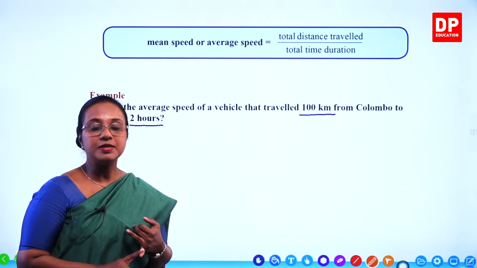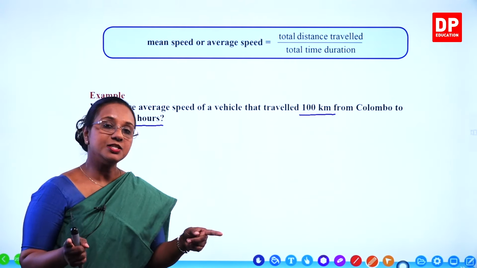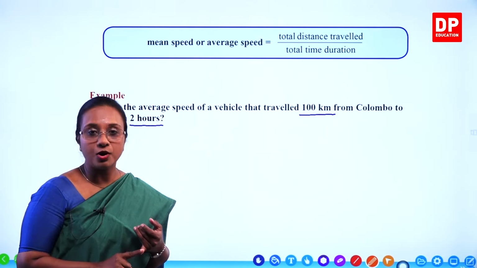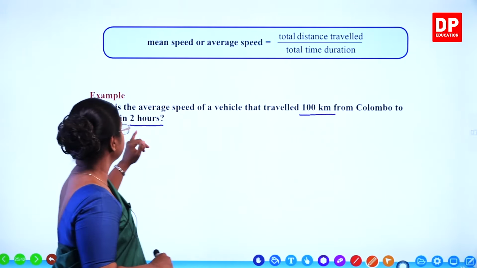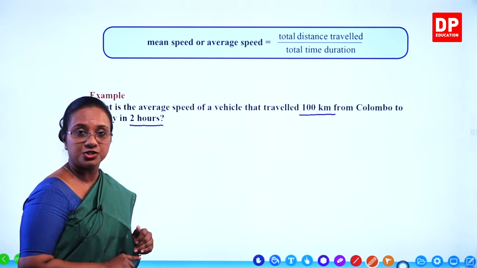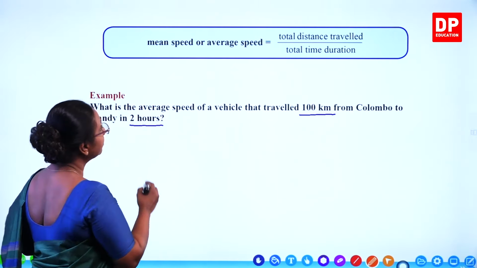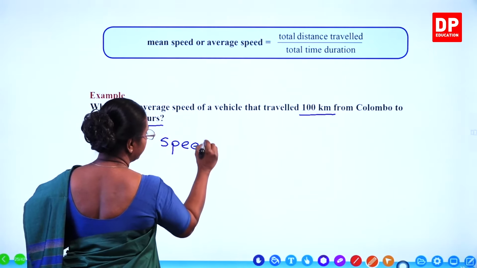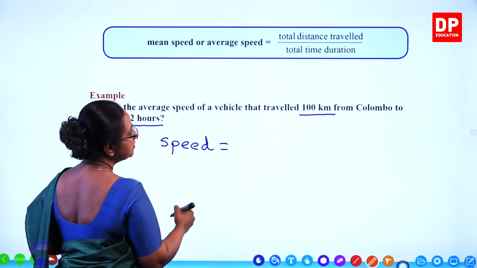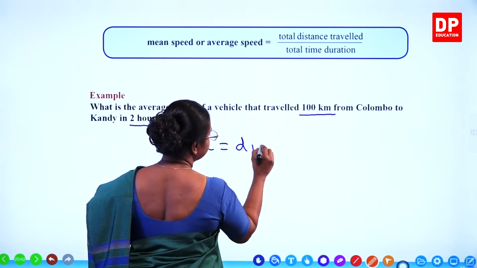One is meters per second when the distance is short and it is a small time duration. But here, a long distance and long time duration. Therefore, we can calculate the speed in a different unit where we substitute for distance.